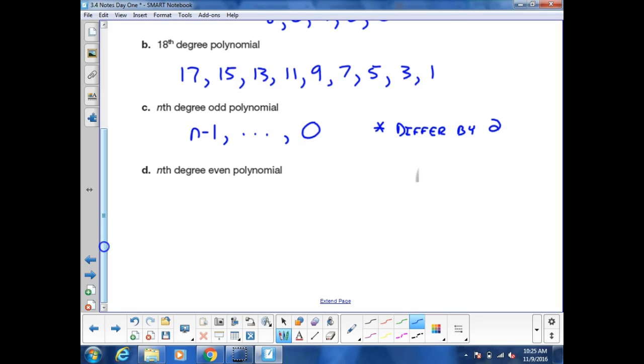And even will look the same, n minus 1, but it will always go down to 1. Again, differ by 2.